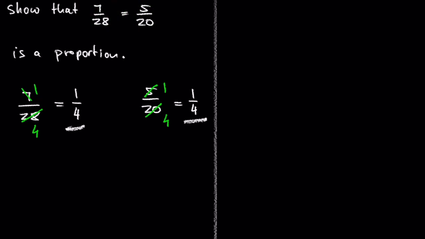Another method to solve this is to cross multiply. Seven times 20 is 140.